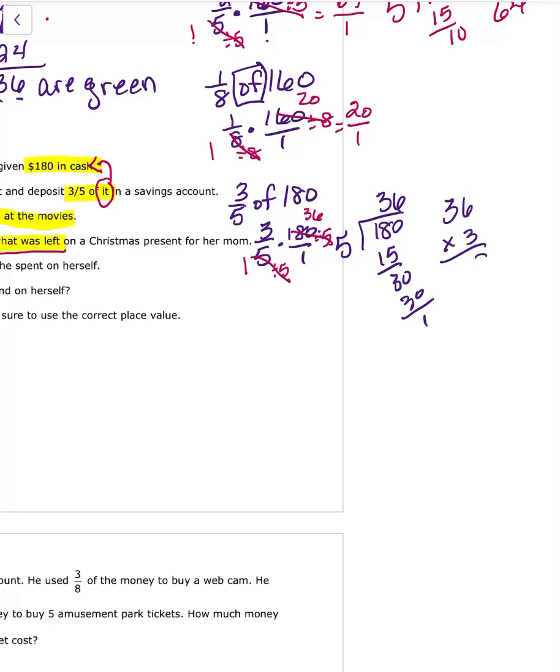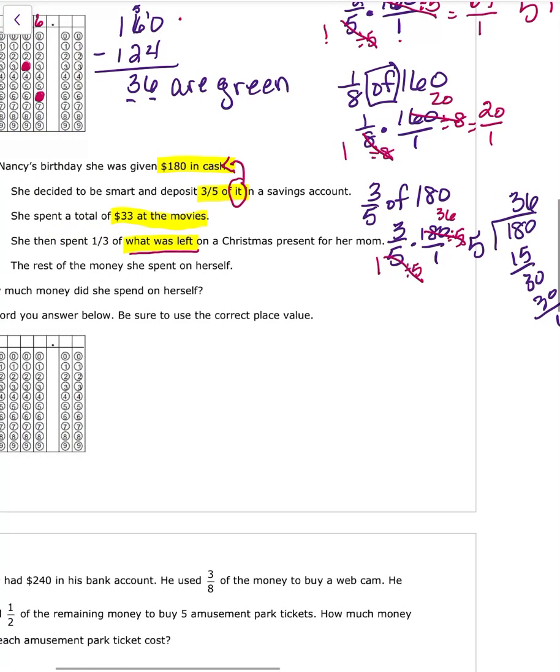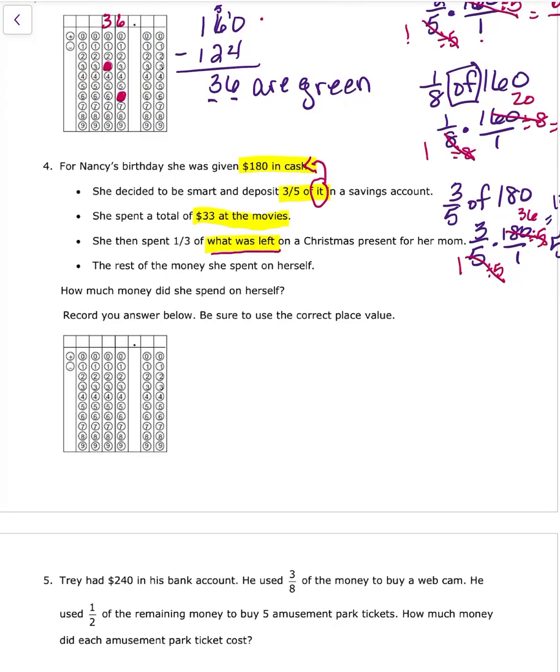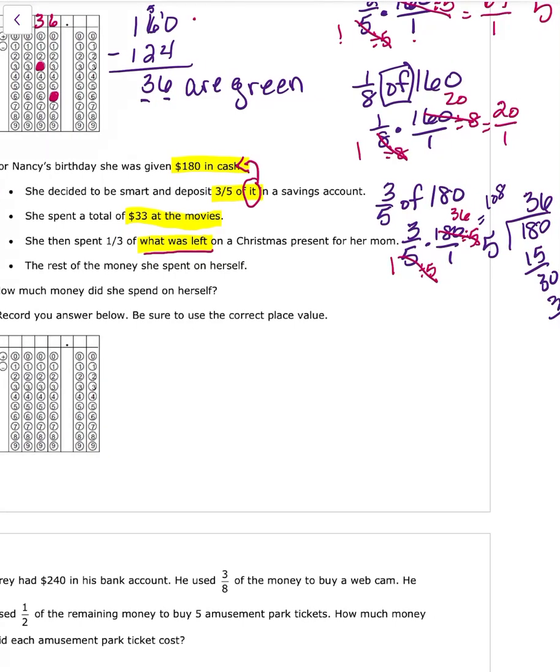Times 3. Okay. All right, so she put $108 in her savings account. I hope you got that. If not, you probably just made a computation error. So 5 goes into 180 36 times, and 36 times 3.